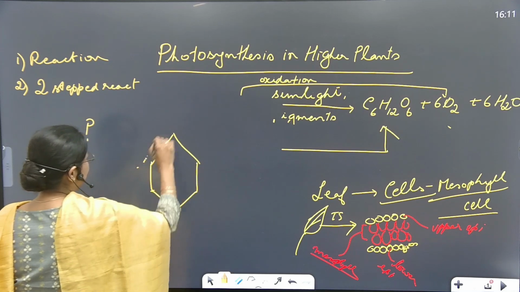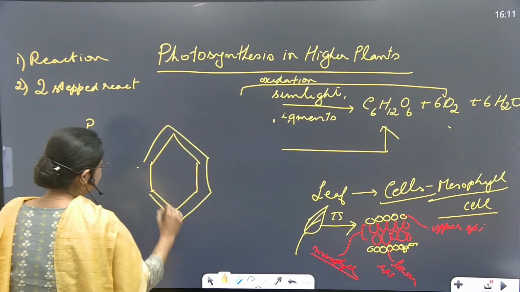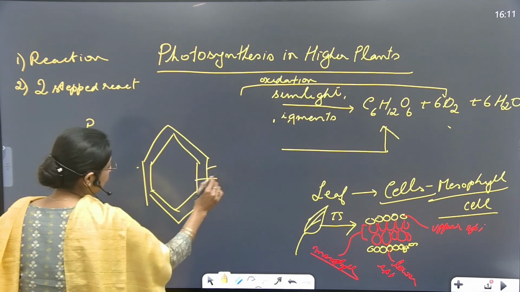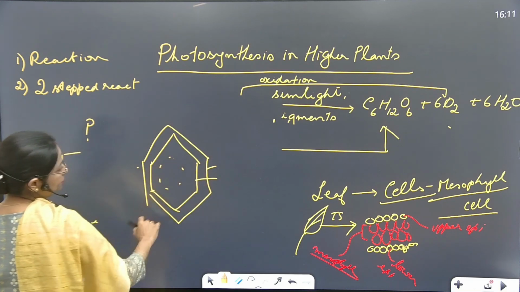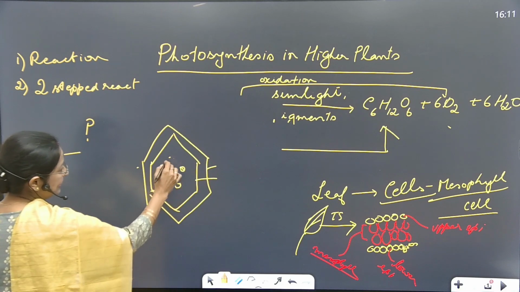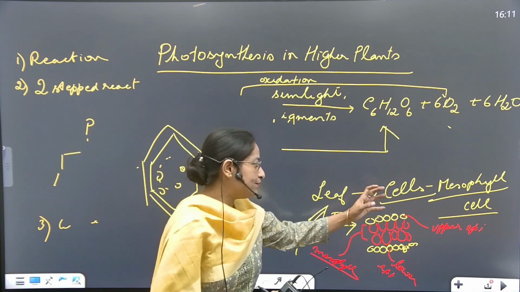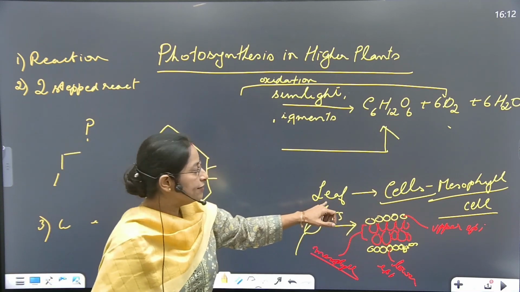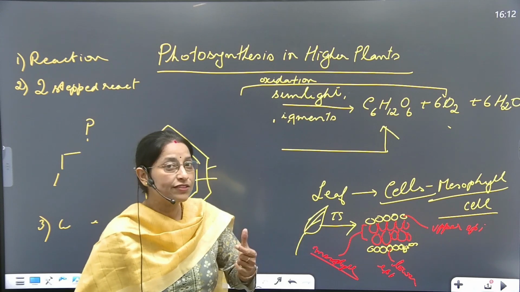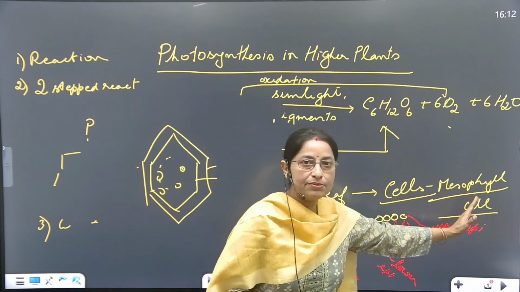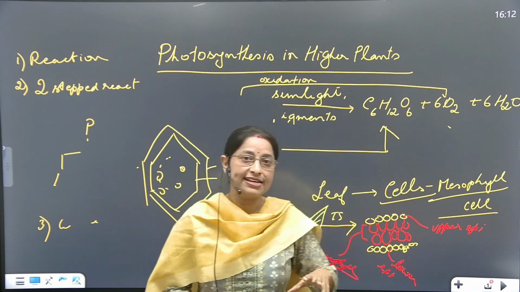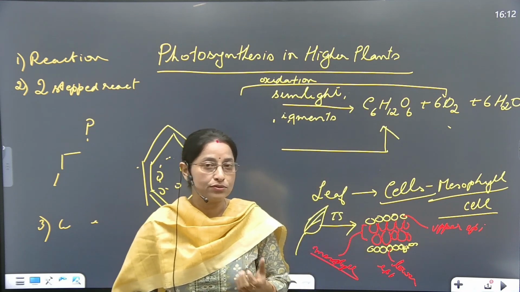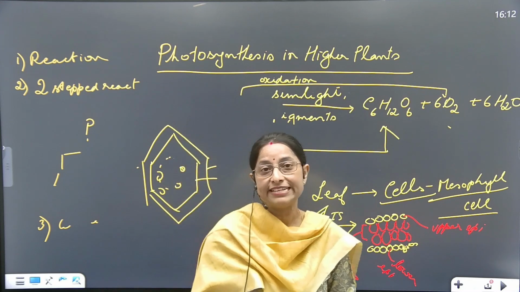mesophyll is a plant cell, and we have an idea of a plant cell: obviously there will be a cell wall, a cell membrane, and inside there will be protoplasm, cytoplasm, the different organelles, etc. So again, we need to know precisely. First, photosynthesis occurs in the leaf, that's half of the information. Where in the leaf? In the mesophyll cell. The next question that arises is where in the cell, because whenever we talk about a plant cell it has parts, right?